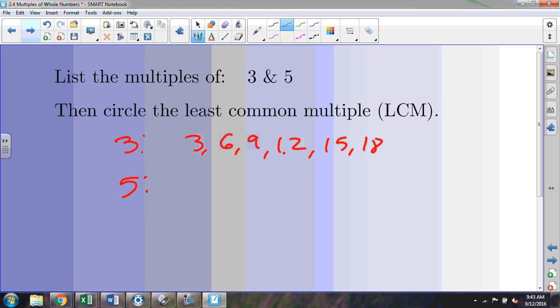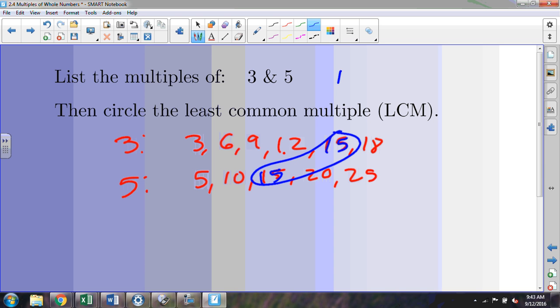There are my first 6. Maybe our least common multiple's in there, maybe not. 5, 10, 15, 20, 25. Do we have a common multiple? Yeah. We have the common 15. We're done.